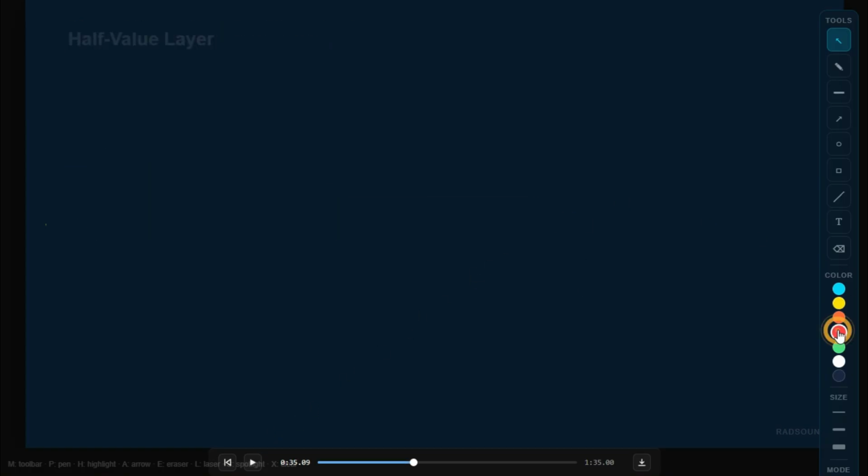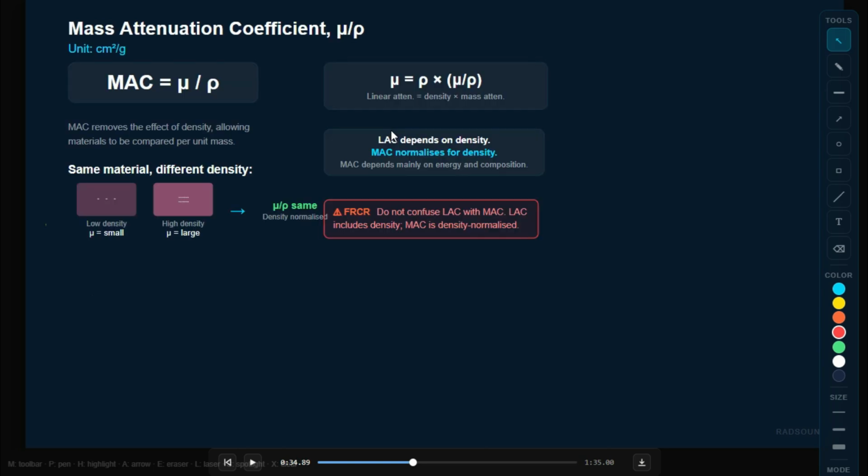So the mass attenuation coefficient actually relieves the impact of the linear attenuation coefficient, as it cancels out the impact of the density.